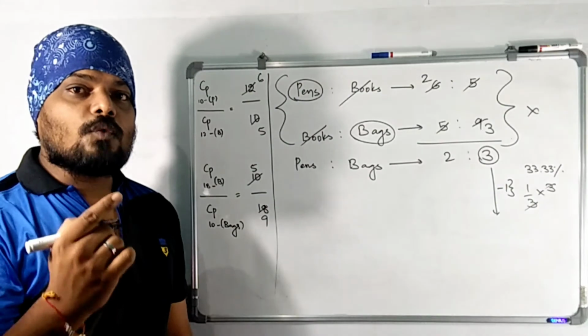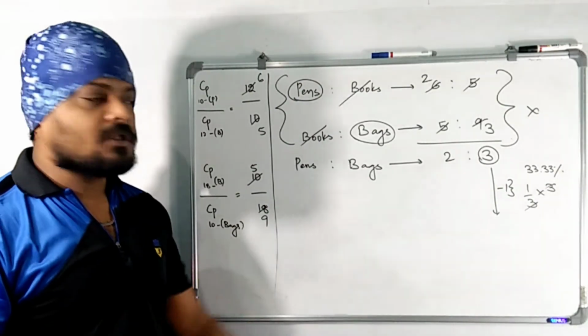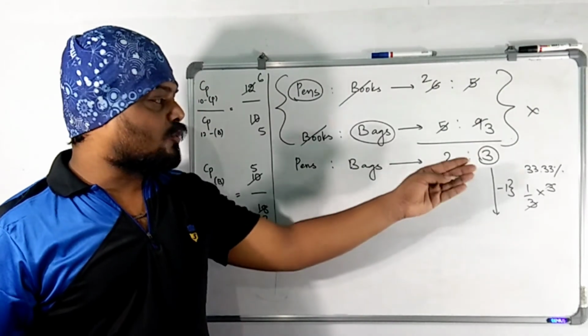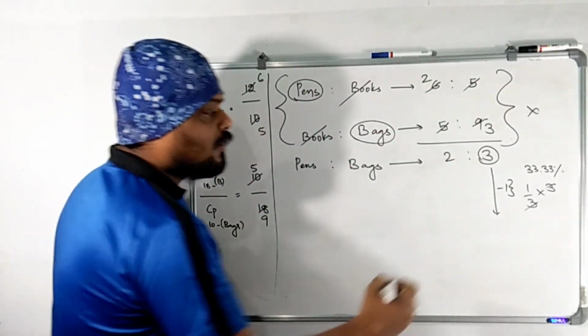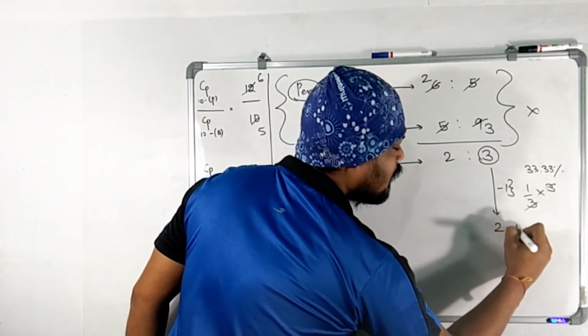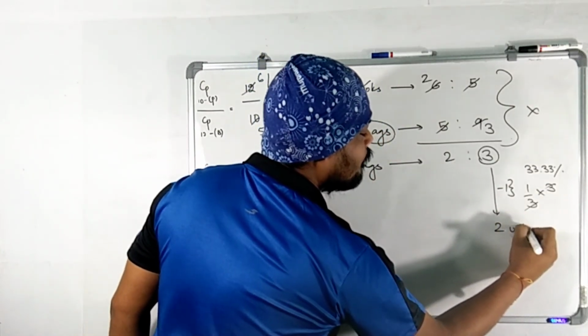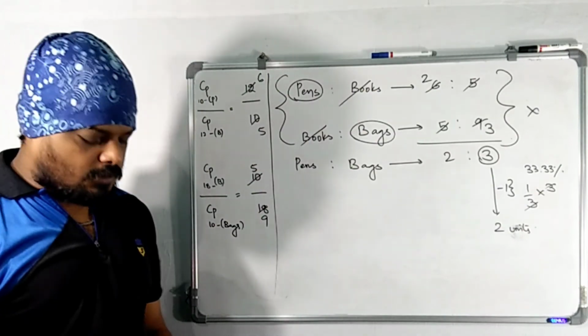He lost 1 unit upon the 3 rupees. So totally he sold the bags for 2 rupees. Let us take it as units: he sold the bags for 2 units.